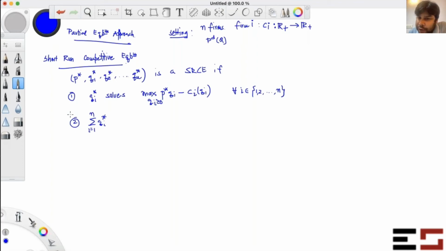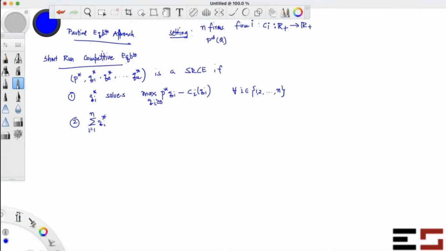This is the total supply of all the n firms at what price? P star. So obviously P star and summation qi star is a point on the aggregate supply curve, because at price P star this is the total supply. Now for equilibrium, what must be the case? This point, P star comma summation qi star, must also be on the demand curve.